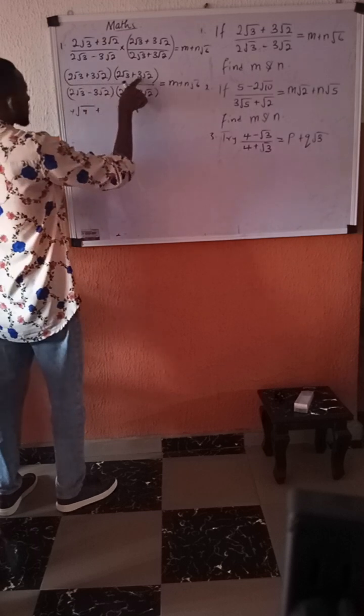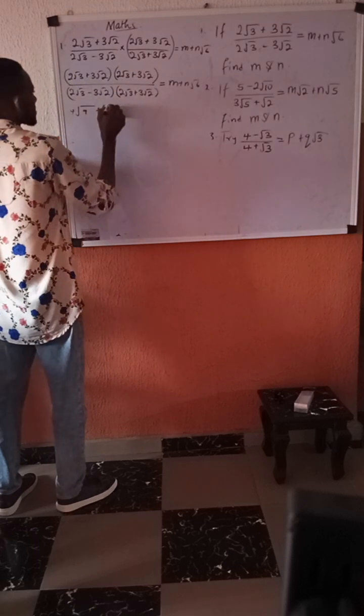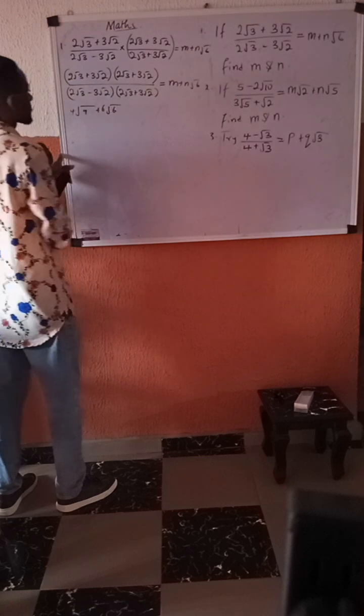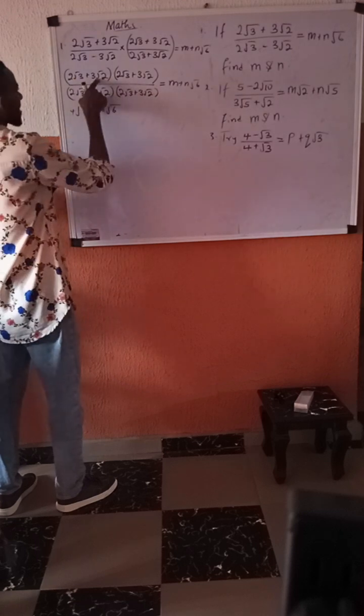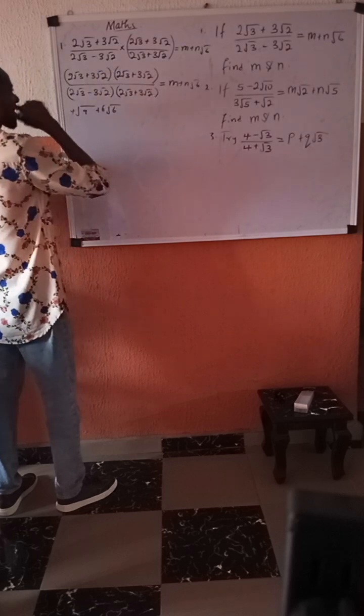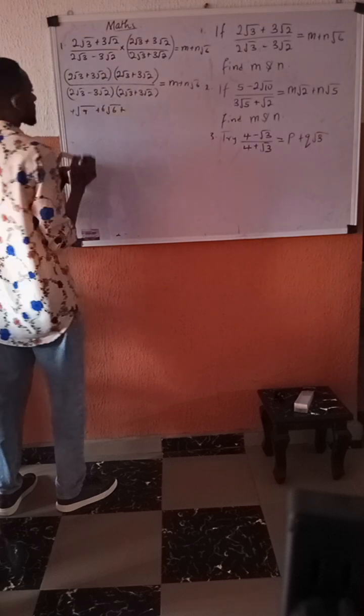The sign here is plus. I am now here and here. The coefficient here is 2, that of here is 3. 2 times 3 is 6, put a bracket, 3 times 2 is 6. Here am I now, using the second one to multiply all the terms in the second bracket. The sign here is plus.